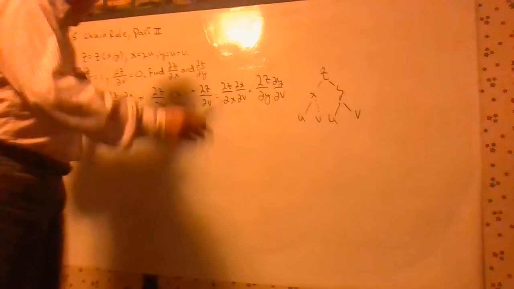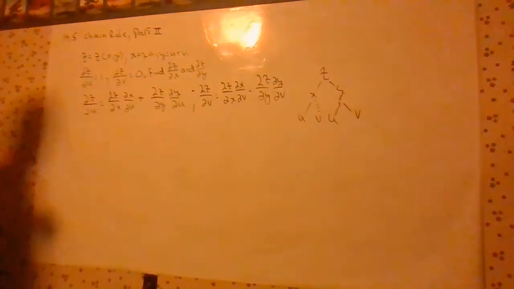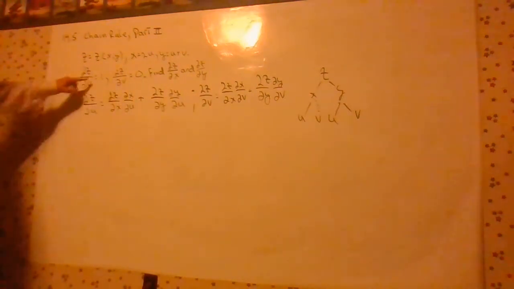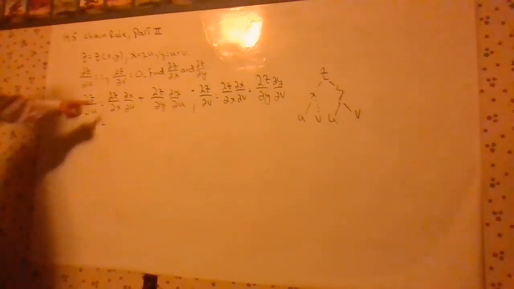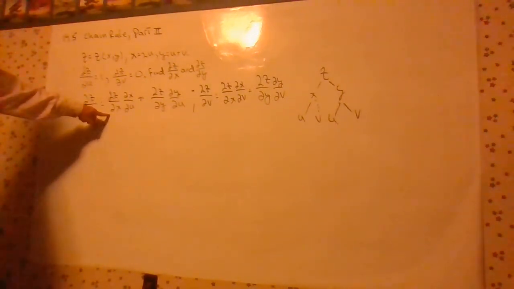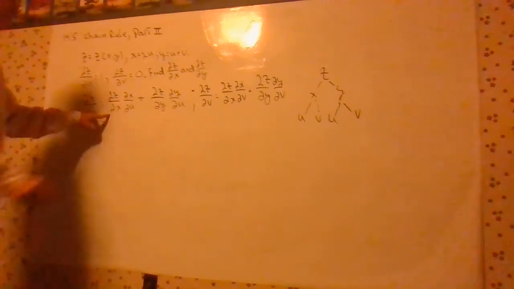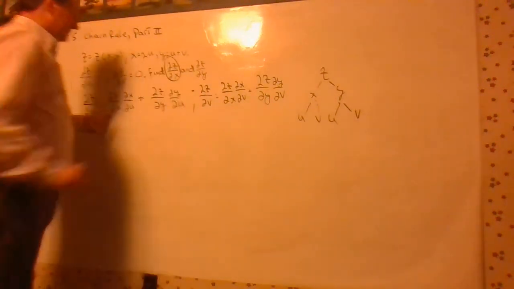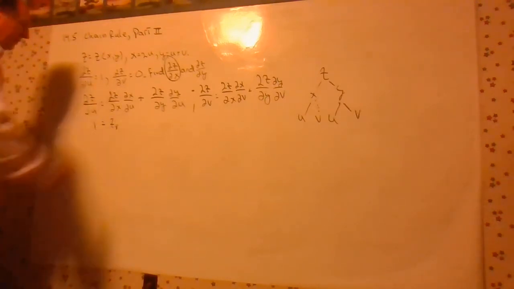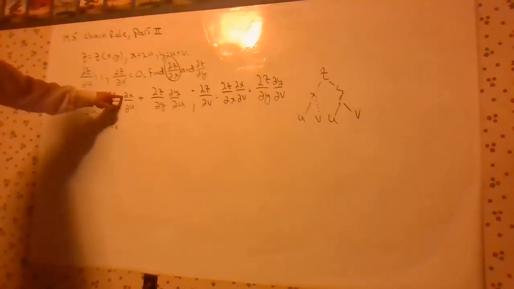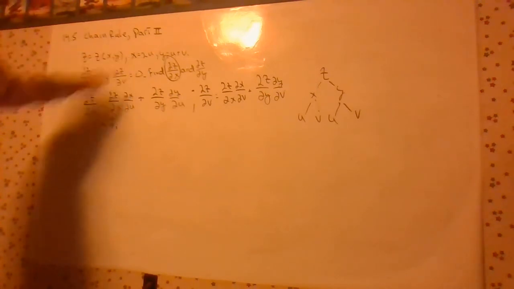Now we're going to fill in what we know. Partial of z with respect to u, we're given that that's 1. Partial of z with respect to x, okay, that's an unknown. Let's just call that z sub x for simplicity's sake. Partial of x with respect to u, that's 2.